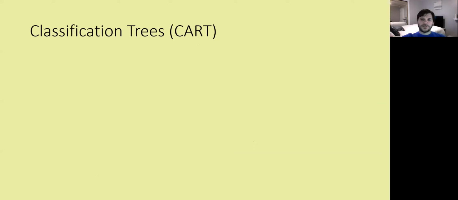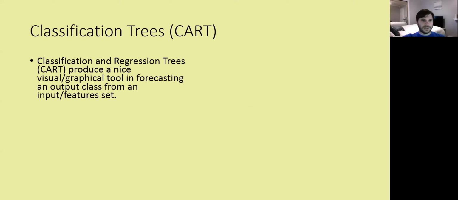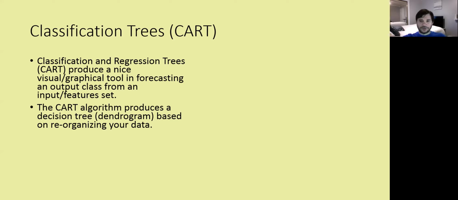So CART produces a very nice visual tool to use in prediction, to use in forecasting of an output class from a feature set. And that visualization is known as a dendrogram. If you are great with vocabulary, then you might remember, hey, that's something associated with a tree. And that's exactly what the CART algorithm does.